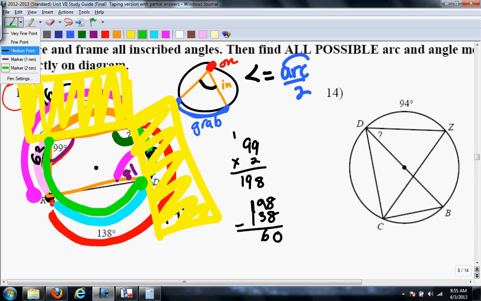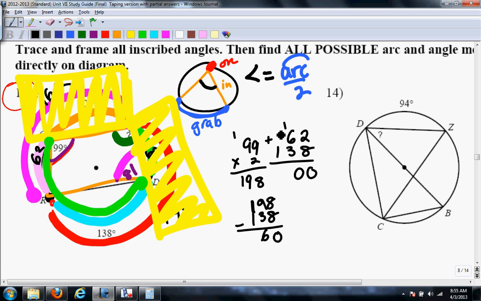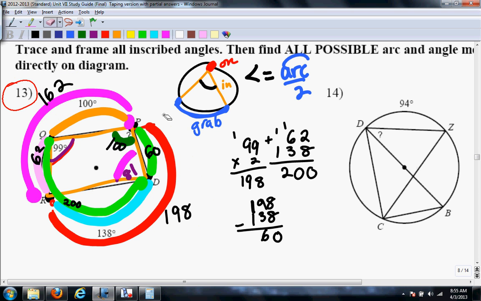That green angle is half of the arc. So first we have to add up 62 and 138. 2 plus 8 is 10, carry the 1. 7 plus 3 is 10, carry the 1, and 200. So we know this green arc from here to here is 200. What makes this on the inside 100? Now we can remove the Post-its.